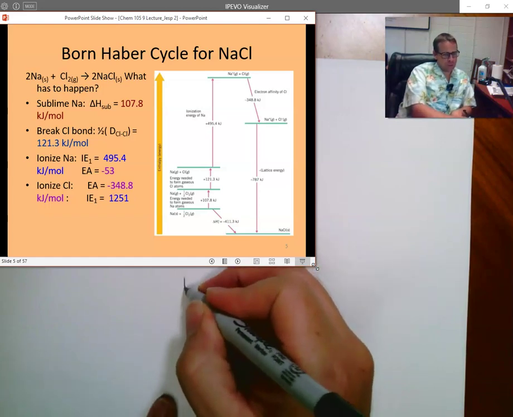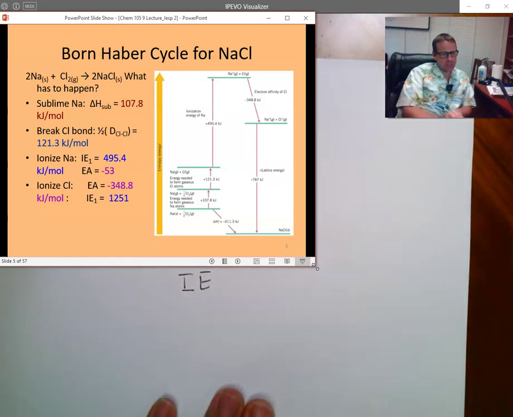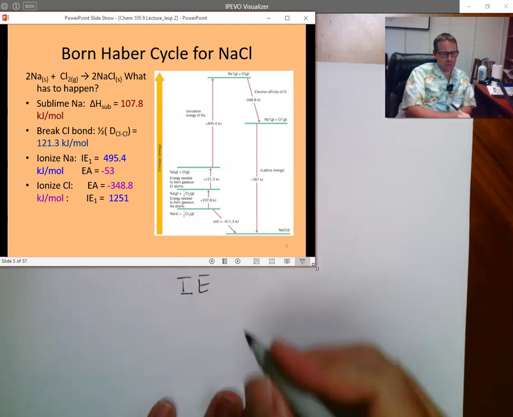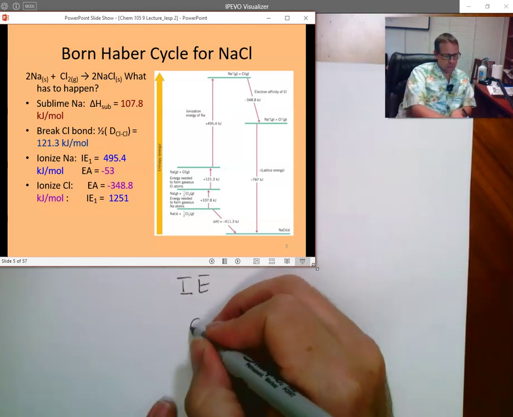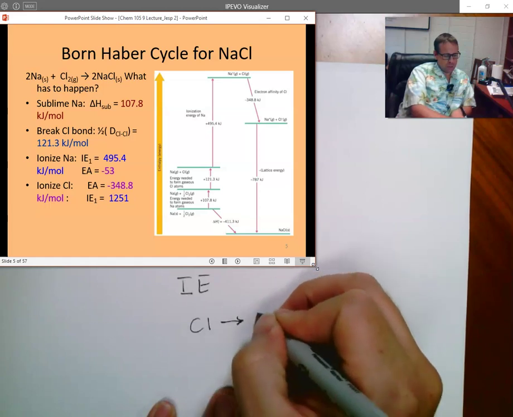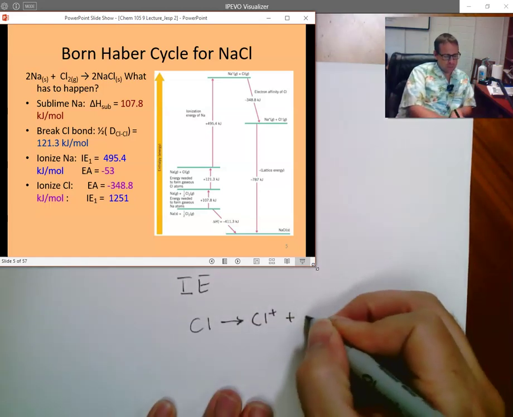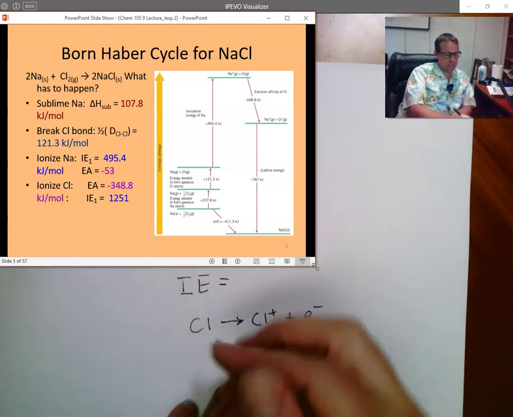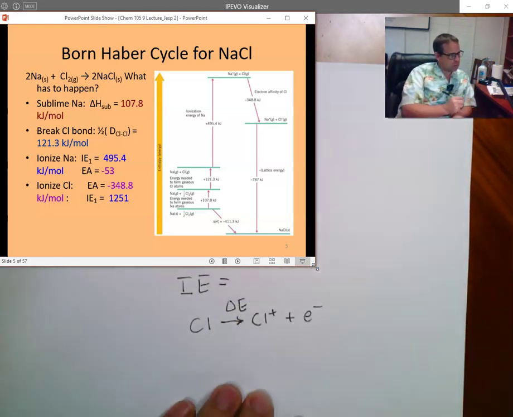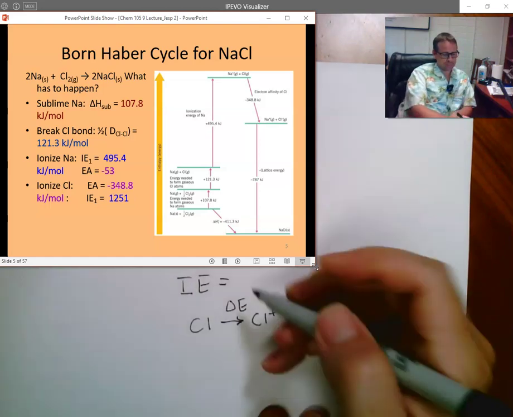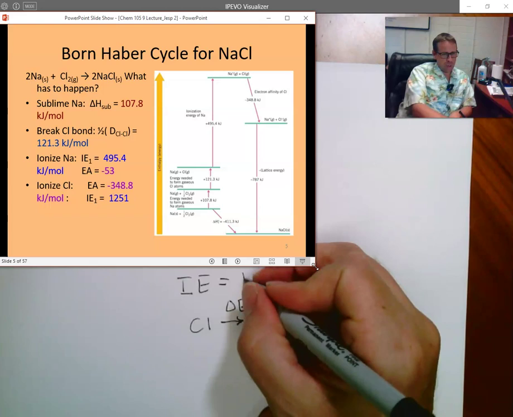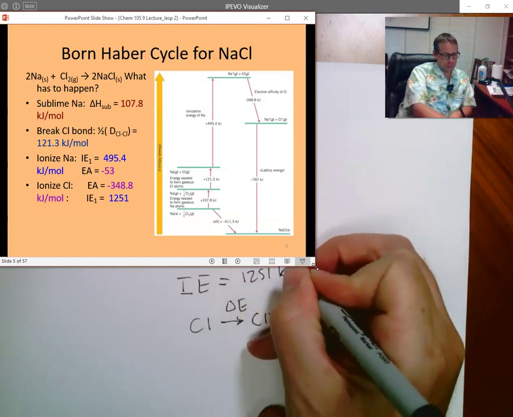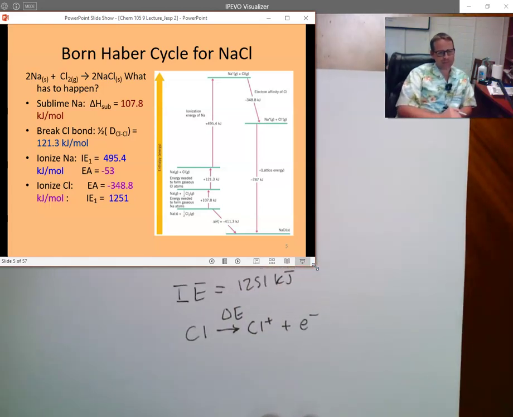So it must be the ionization energy that's associated with losing that electron, right? So chlorine going to chlorine positive and releasing that electron. What's the change in energy for this reaction, Catherine? 1,251. That's right. 1,251 kilojoules for that process to occur.